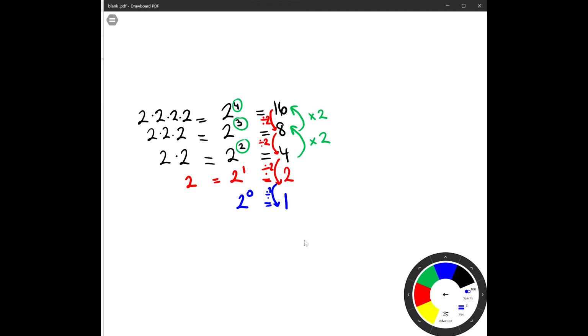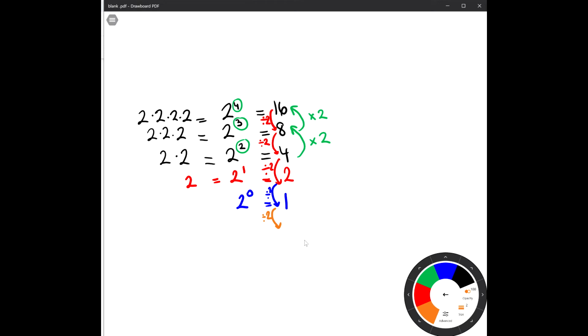Alright, and then next, on the number side, if I keep going backward, divided by 2, think about it, what should I get? I have 1 divided by 2.